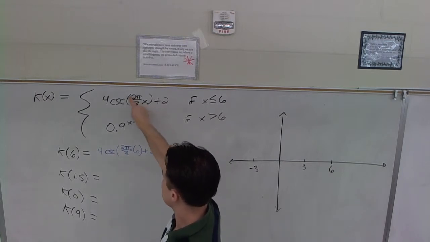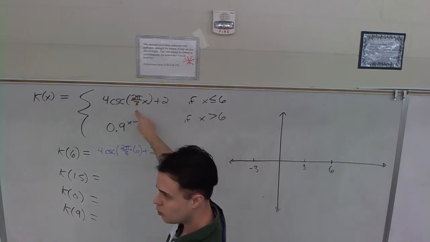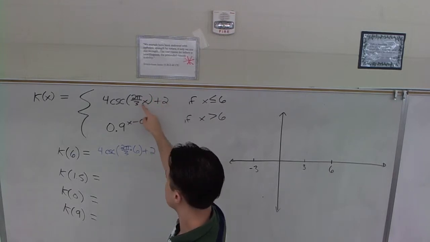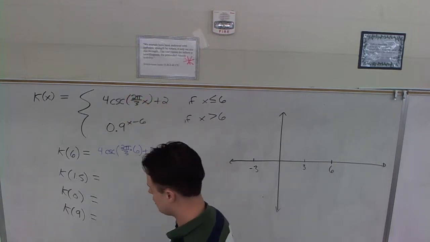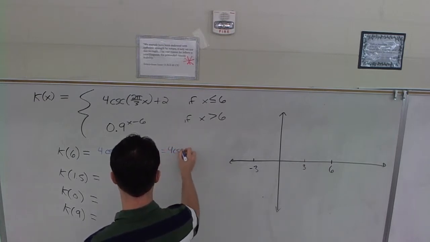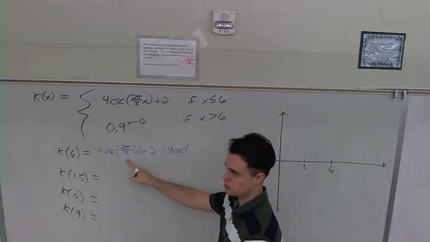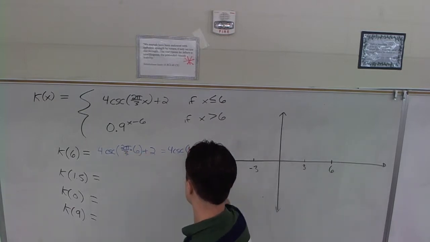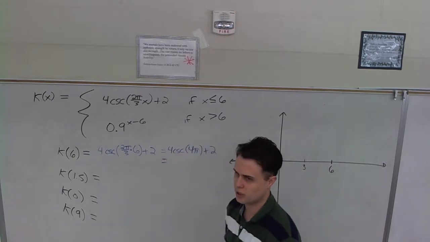You could either say that that's 12 pi over 3 then, or you could say what's 6 over 3 reduced to? 2, which then times 2 pi is going to be 4 pi. So if you want to skip that step, I would probably recommend that. I would never have written this down for myself. It's up to you though. So 12 over 3 is 4, or 2 times 2 is 4 pi. Okay, that's a unit circle calculation.